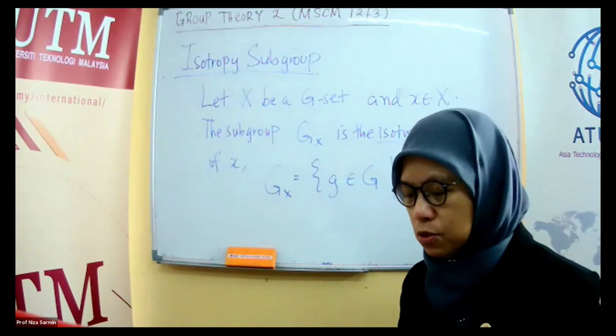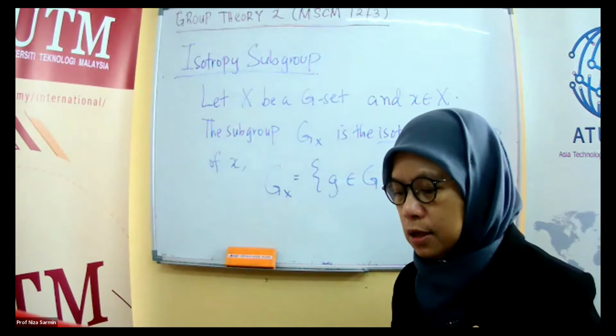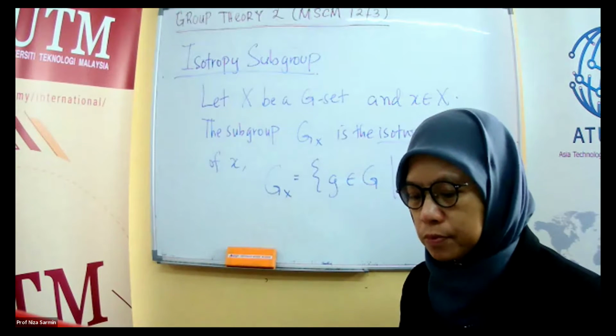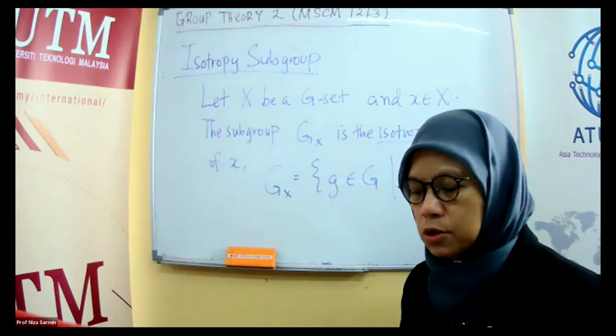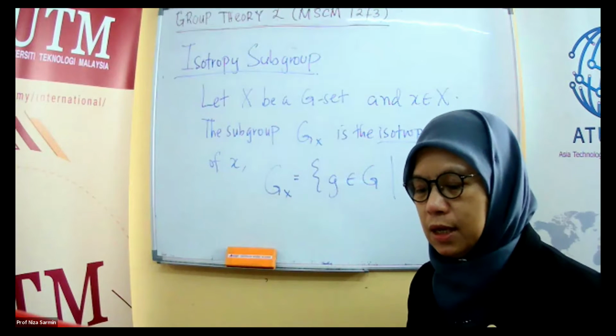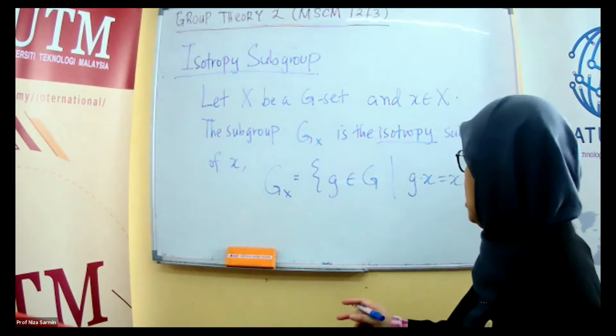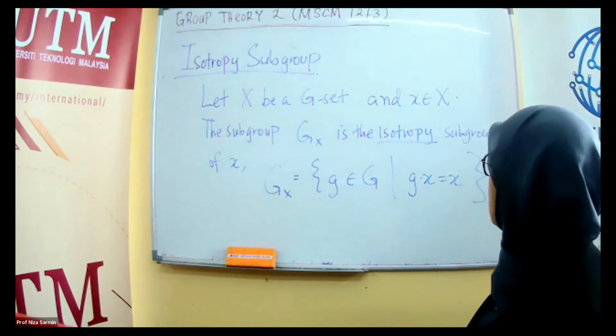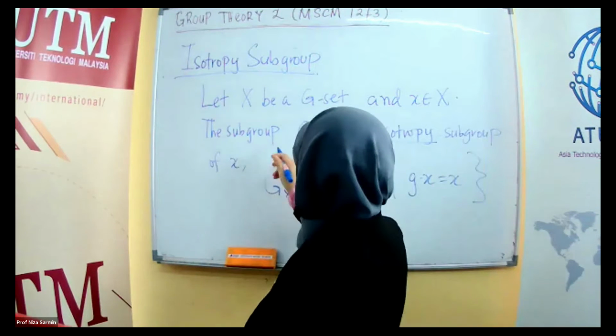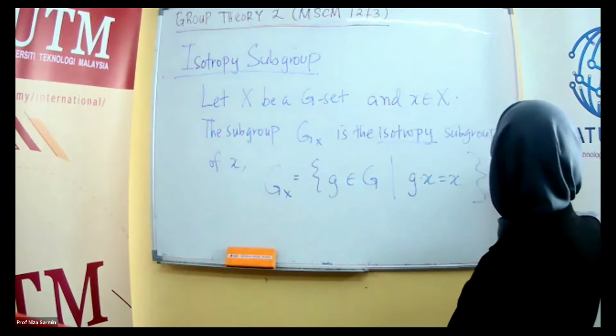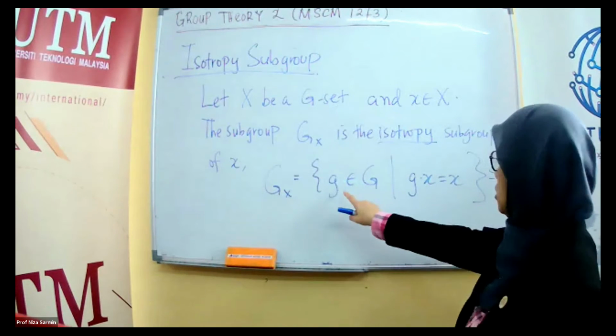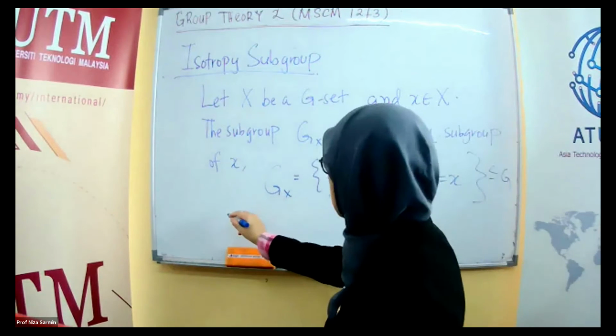So this is something to do with the isotropy subgroup. Okay. So E is always in here, right? This is subgroup. So it's a subgroup of G because E.